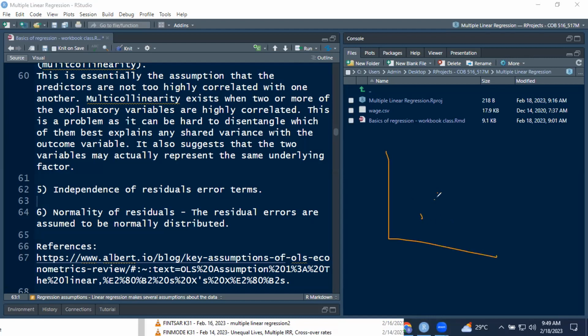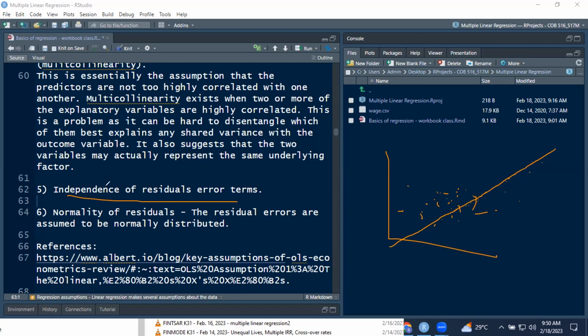Ito yung residuals natin. It's random, no? You cannot establish a relationship between your residuals. Yung sinasabi dito na independence, if your residuals behave like this, may dependence yan, di ba? Among each other. They are correlated, yung mga residuals natin. So kung correlated sila, hindi sila independent, they are dependent.